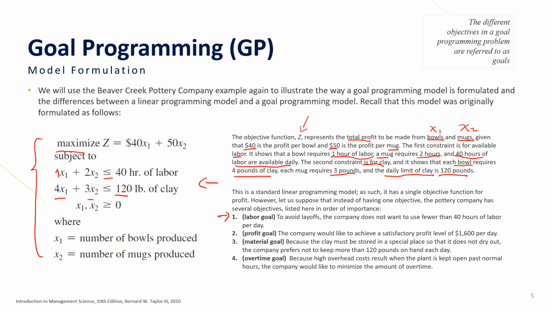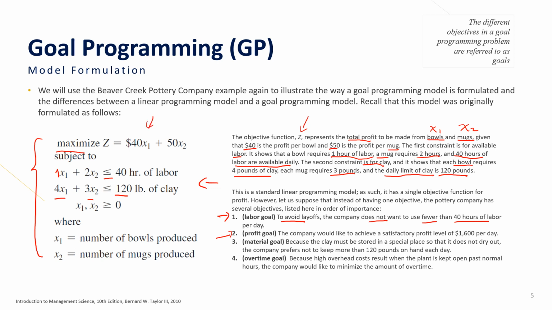The reason is to avoid layoffs. The company does not want to use fewer than 40 hours of labor, so the working hours of the labor should be utilized properly. And then the second one is about the profit.